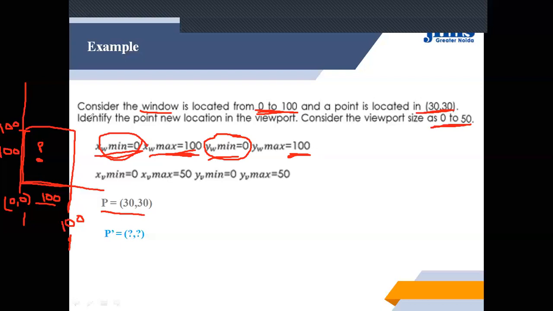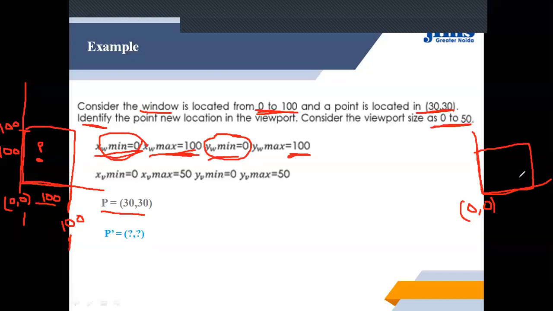Now we have to map this point on the viewport of size 0 and 50. The viewport also starts from 0, 0. This is the y direction, this is the x direction, so x min and y min are also 0 in case of the viewport, and the length is given as 50.